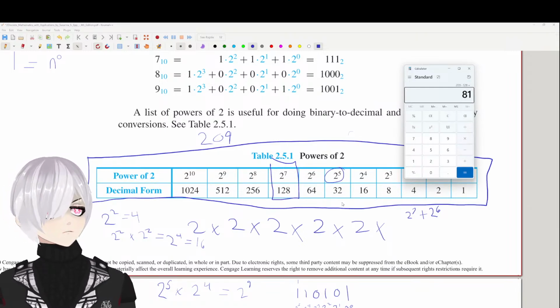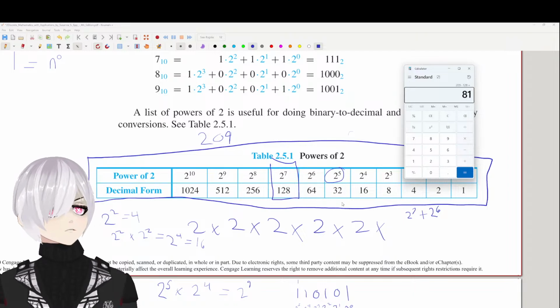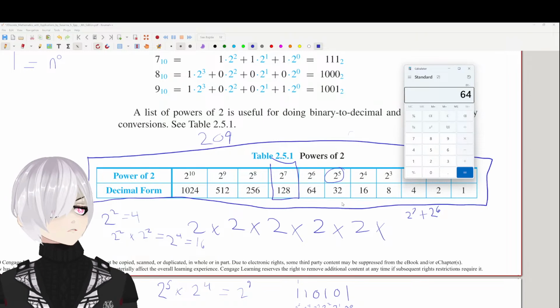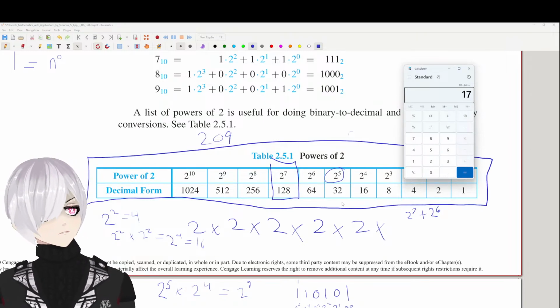So we could squeeze in 64 as well, which leaves us with 17.